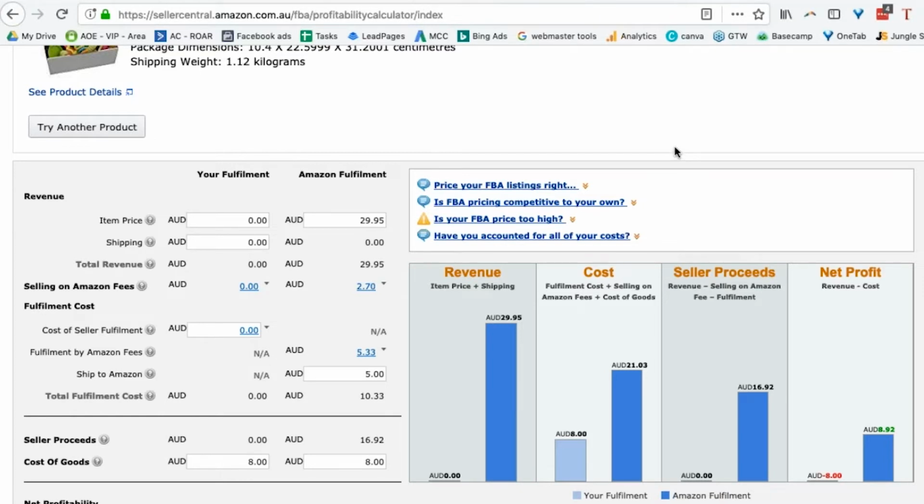Run your numbers. I don't focus on the net margin percentage. Don't focus on that. Who cares what the percentage is? Focus on money. That is what you get to spend. That is what Google requires for Google Ads. It doesn't require a percentage, it requires money.